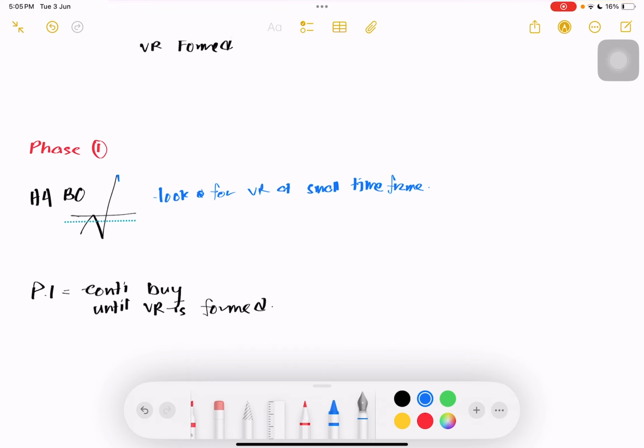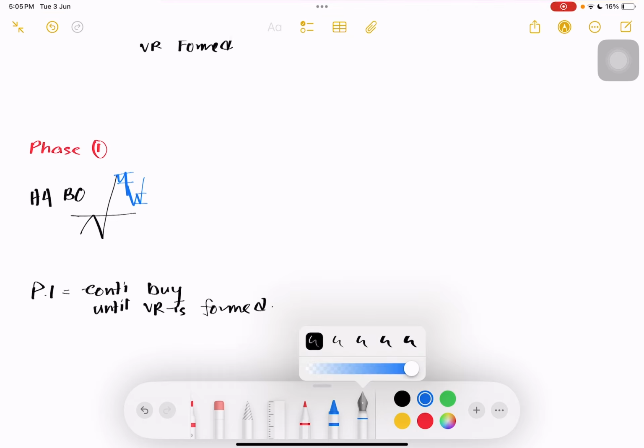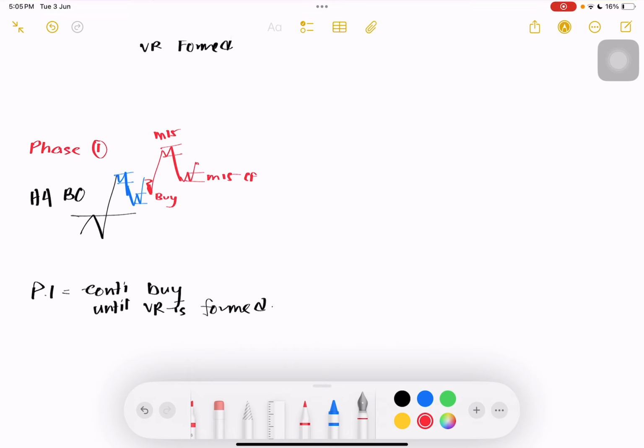For example, here M5 VR, then M5 CF. Pull back, entry buy. Boom. And then I will wait for M15 VR, M15 CF. Pull back, I will entry buy.